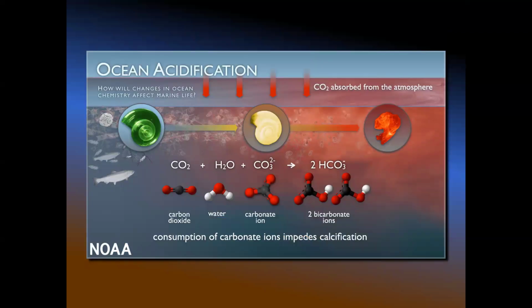Because many of these organisms depend on carbonate ions, carbonates, in order to make the shells that enable them to survive. And if you're adding carbon dioxide to the ocean, then you're going to have fewer of those carbonate ions, which is going to slow down the process of calcification and shell forming and so forth.